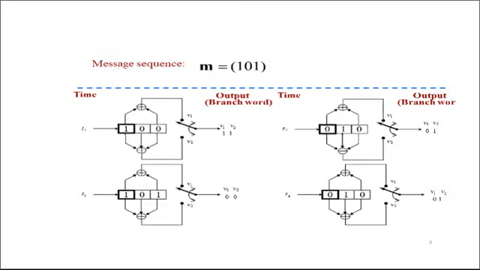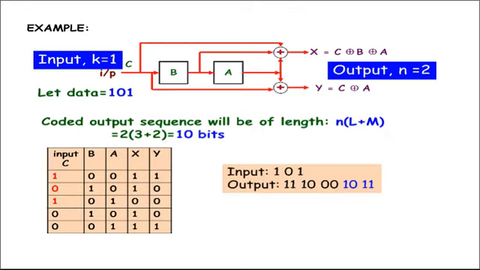Now let's proceed with an example for the same convolutional encoder circuit. Let's say we provide the input bits as 101, which is 3 bits, and the output bits for each bit will be based on the values of x and y.